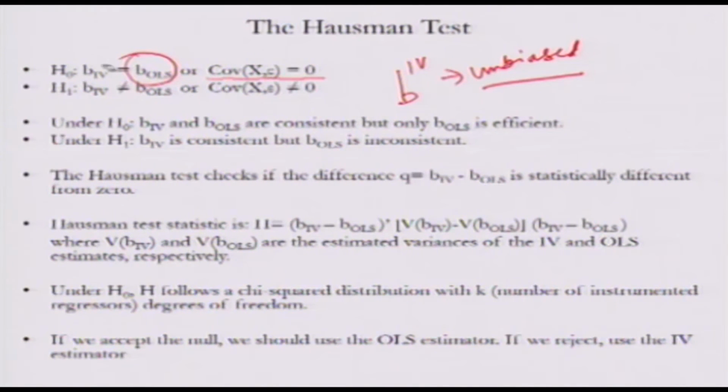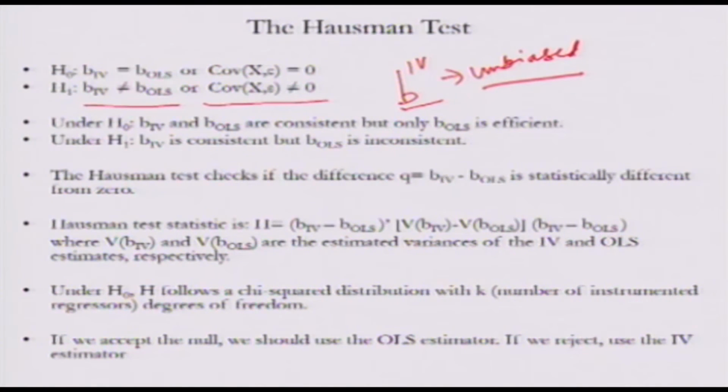Under the alternative hypothesis, B IV is not equal to B OLS, but B IV is unbiased because we have already assumed that the IV is valid and relevant. So, then it has to be true that B OLS is biased because of a correlation between X and the error term.